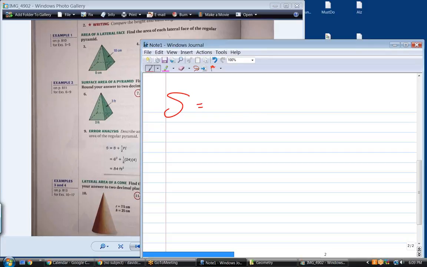Now, go ahead and find it and give it to me. S equals base plus half of the perimeter and length. That's actually called lambda. Okay? And that's because it's a lateral measurement. In other words, that's not really the letter L, that's the Greek letter lambda.